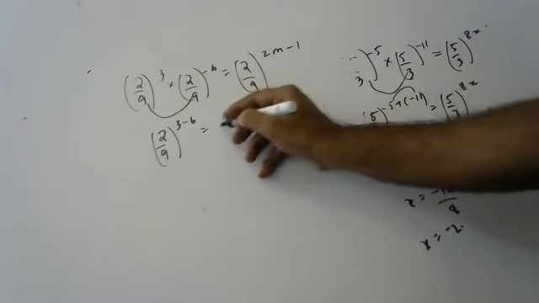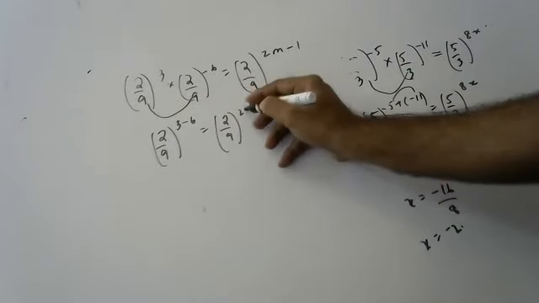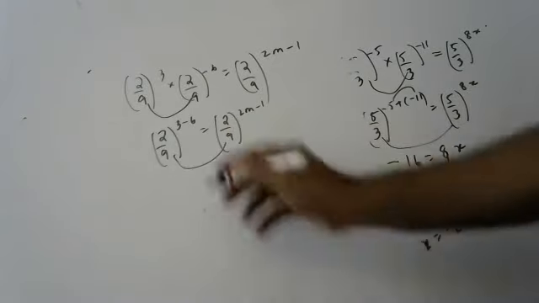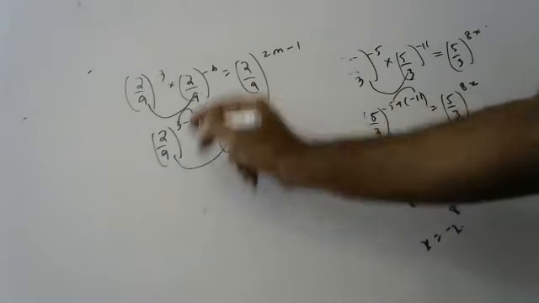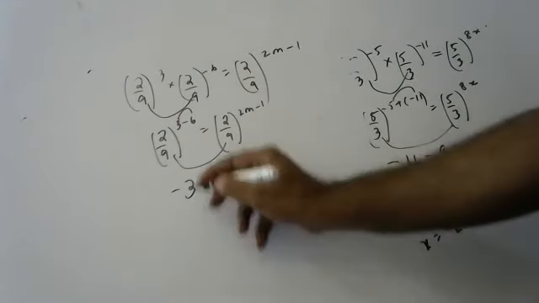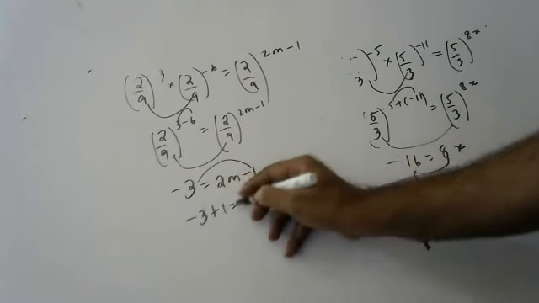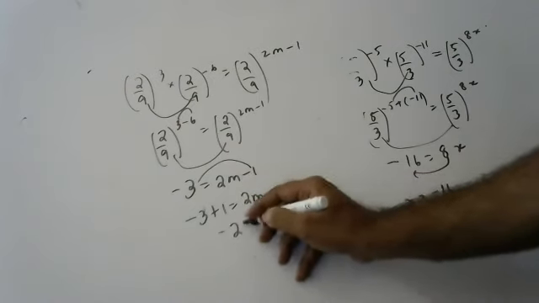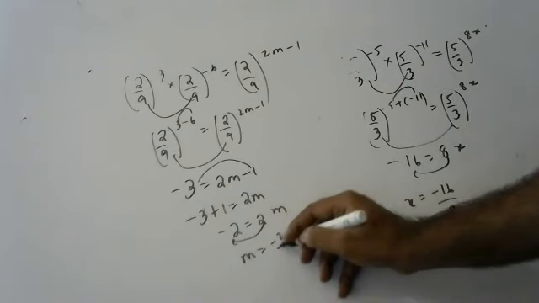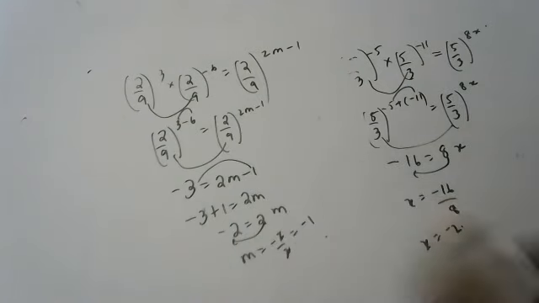When bases are same, powers can be compared. So 3 minus 6 is minus 3, equal to 2m minus 1. This comes here: minus 3 plus 1 is equal to 2m. Minus 2 is equal to 2m. 2 goes down. m is equal to minus 1, sir. Very nice. Okay, children, next.